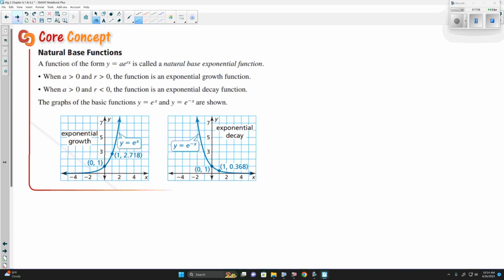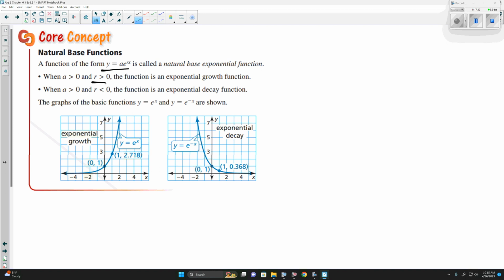Now, e, guys, bring it back in. With e, the natural base function, a function of the form y equals a times e to the rx. So just like our exponential growth and decay, we can have this with e. Now, when a is greater than 0 and r is greater than 0, the function is exponential growth.